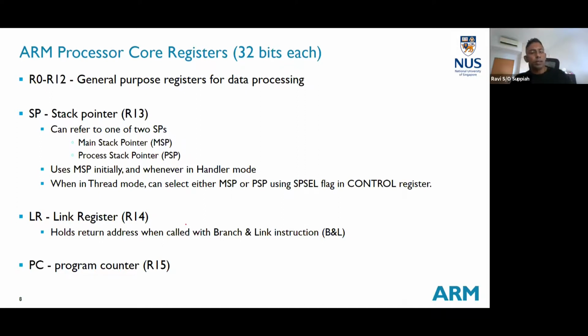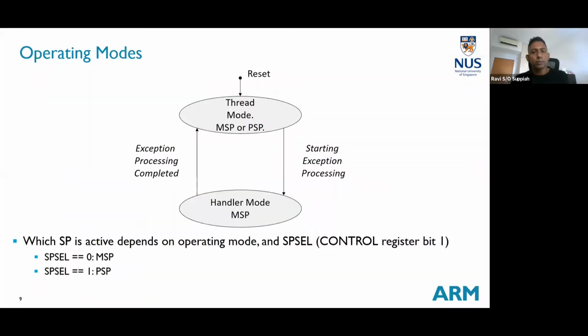Whenever you are jumping to a function or subroutine, you need to store the return address, and that is stored in the link register R14. Your program counter is basically keeping track of the next instruction, the next address where to fetch the instruction from. So these are the general core registers inside your ARM processor.